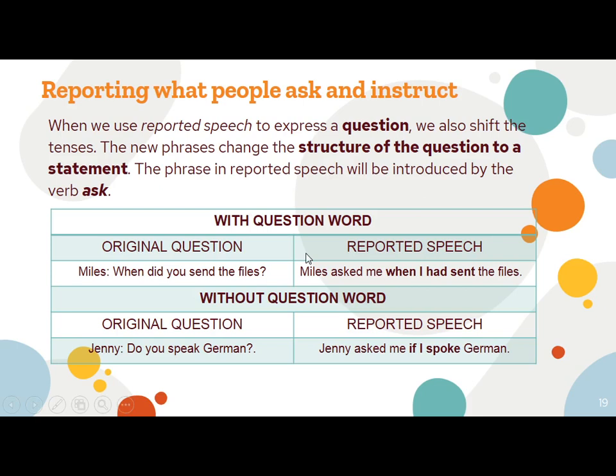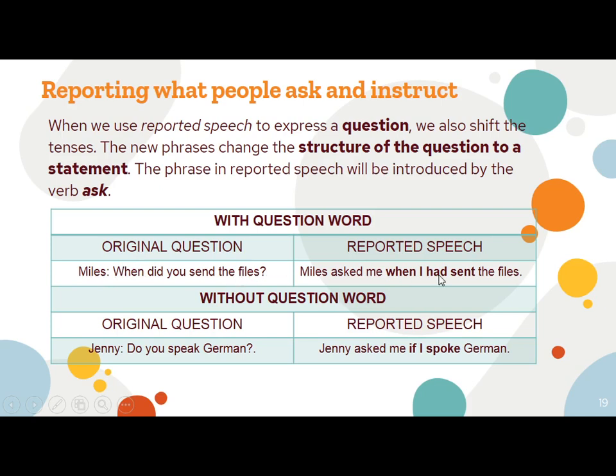Now, if you remember, we have two different types of questions. We have the WH questions with question words: what, who, which, where, when, why, and so on. And we have questions without a question word, that means yes/no questions. In the case of the original question with a WH word, we're going to have something similar to this: When did you send the files?